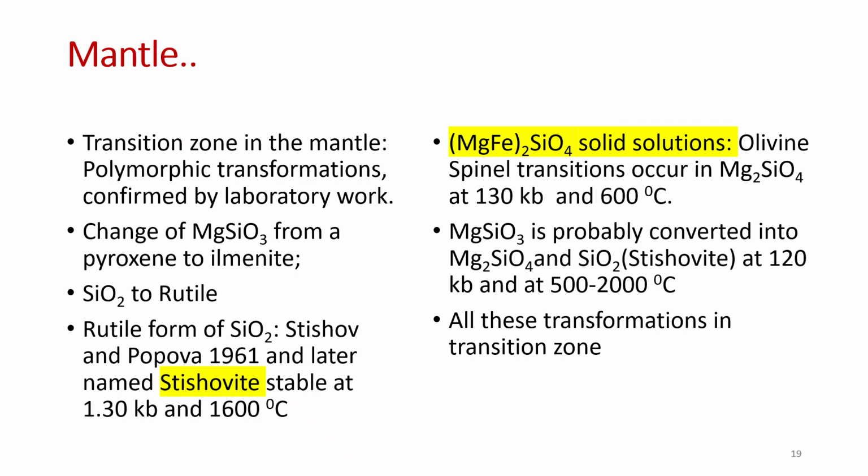In the magnesium iron silicate solid solutions, olivine spinel transitions occur in Mg2SiO4 at 130 kilobars and 600 degrees centigrade, and MgSiO3 is probably converted into Mg2SiO4 and SiO2, that is stishovite, at 120 kilobars and 500 to 2000 degrees centigrade. All these transformations occur in the transition zone.